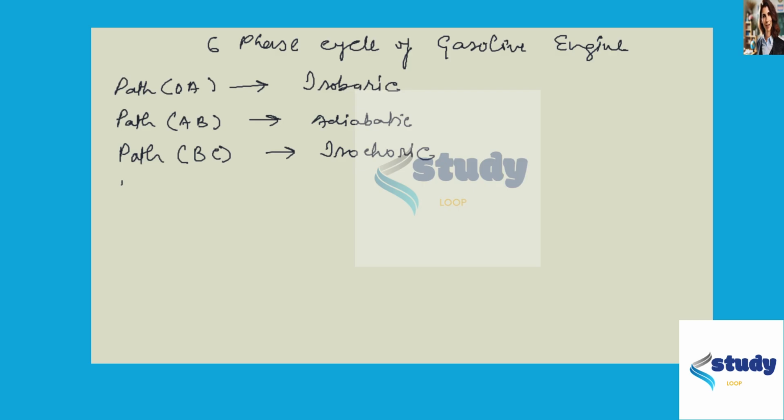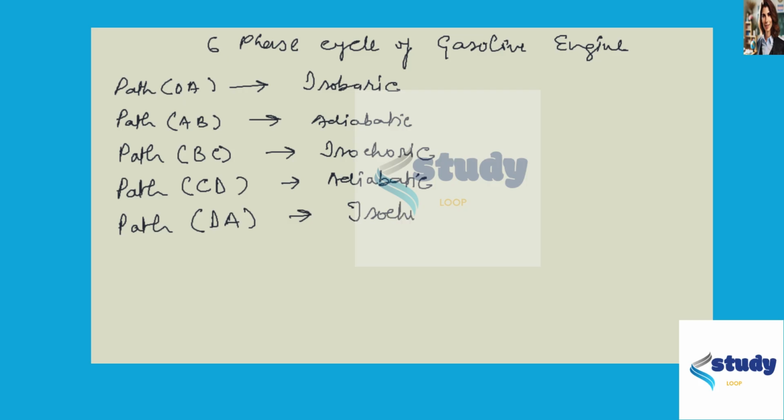Path C to D is adiabatic. Path D to A is isochoric again, and the last one, completing the cycle from A to O, is isobaric.